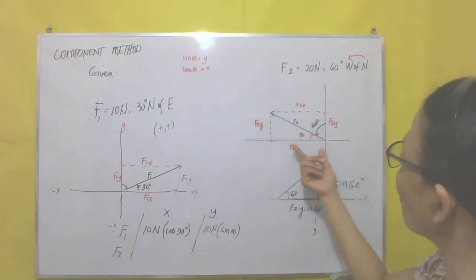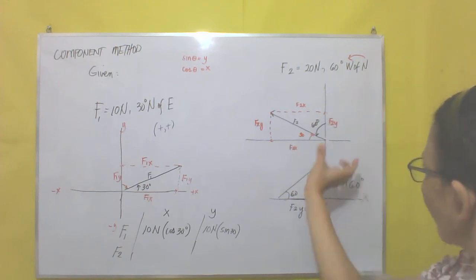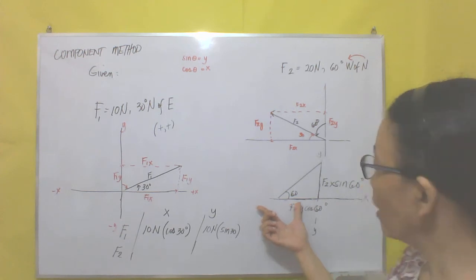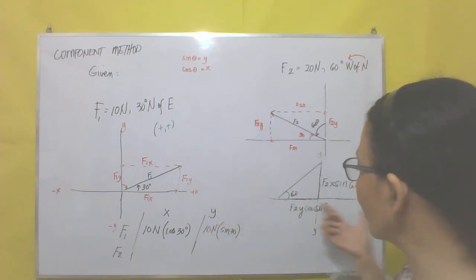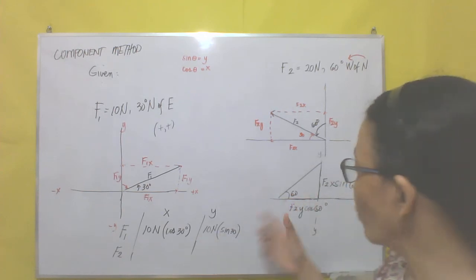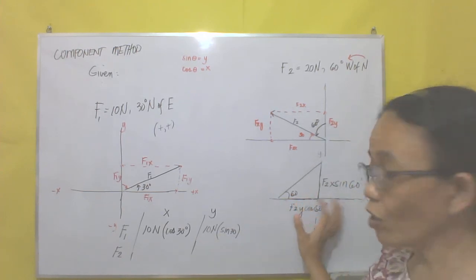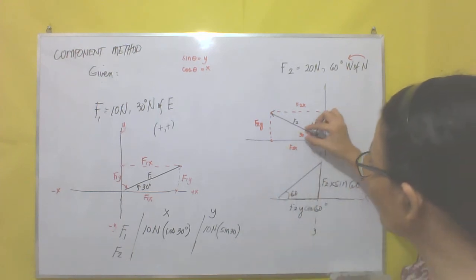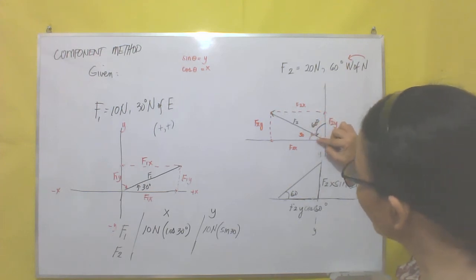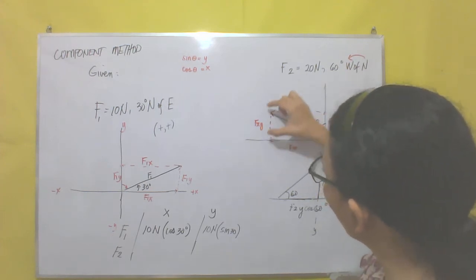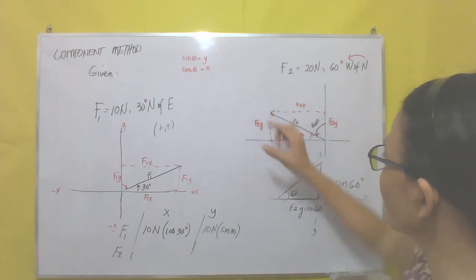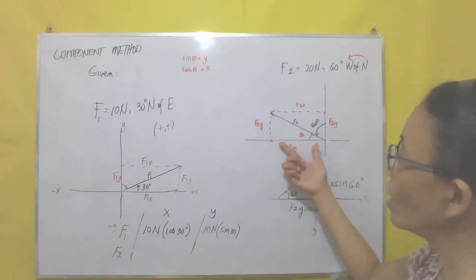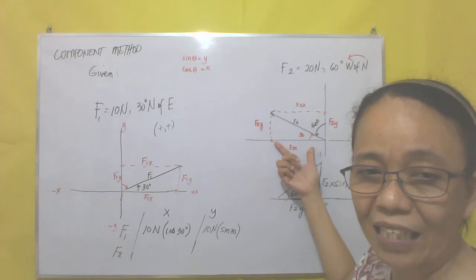Next, F2y becomes the adjacent side located along the x-axis, so this will take the cosine function since F2y is already along the x-axis. But if we're going to use 30 degrees, F2y will take sine 30 degrees, then F2x is located along the x-axis, so this will take cosine 30 degrees.